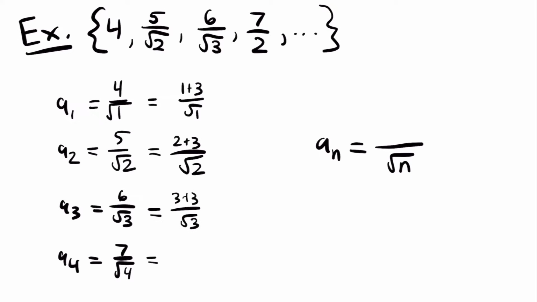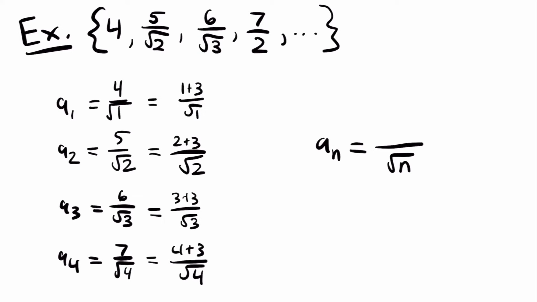And then what about our last term here? How can we incorporate 4 into the numerator? Well, 7 would be equal to 4 plus 3. So we have 4 plus 3 divided by the square root of 4. Now look at all of our numerators here. All of them are the value of n plus 3. So we have 1 plus 3, 2 plus 3, 3 plus 3, and 4 plus 3.